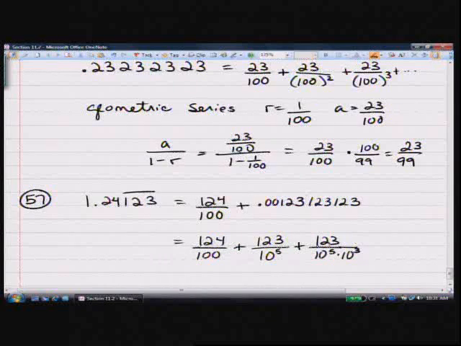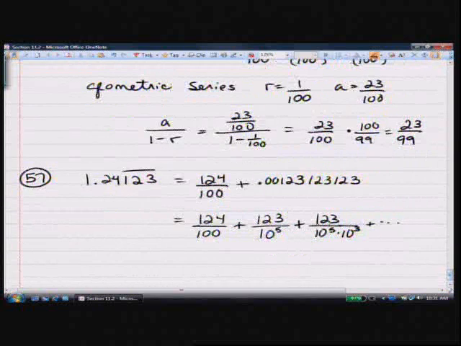That'll get you 1, 2, 3, 4, 5, 6, 7, 8, in the 8th place. This gets you in the 5th. In general, your A is 123 over 10 to the 5th, and your R is 1 over 10 to the 3rd.